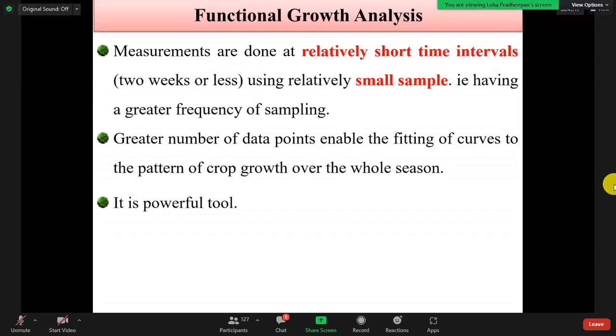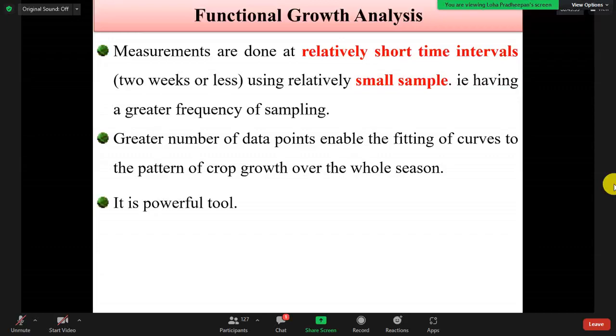And what is the meaning of annual crop? An annual crop completes its life cycle within 1 year. Yes, these plants will complete their life cycle within 1 year.